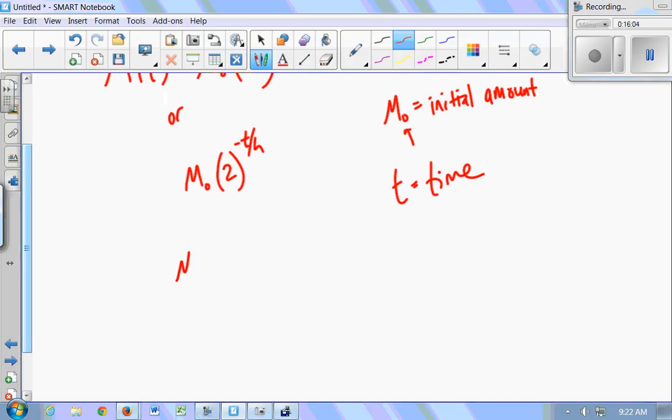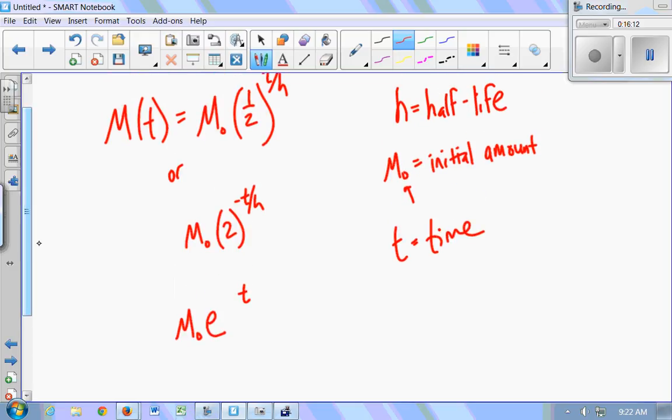In this case, we would have m0 e to the something t and k. Let's see, it would have to be, yeah, it's negative. Yep. And I just have to figure out what it is.